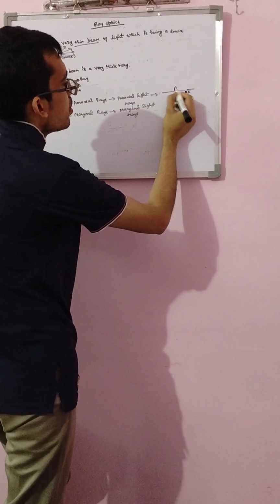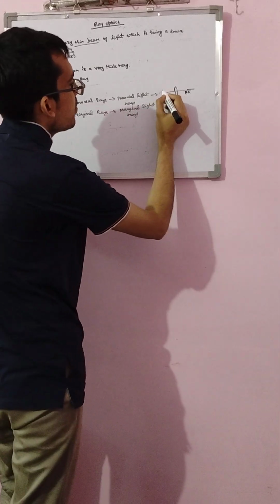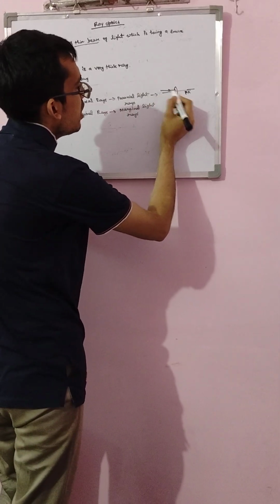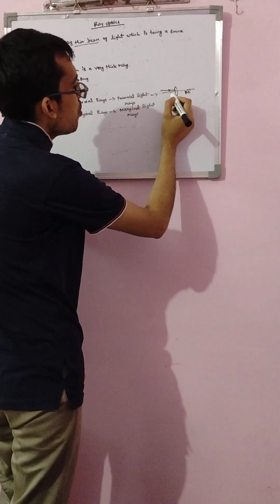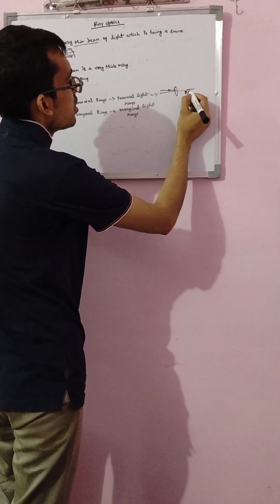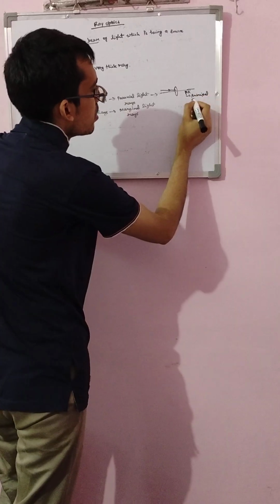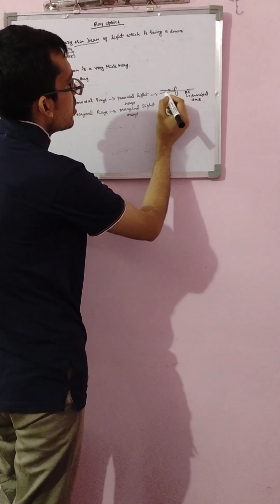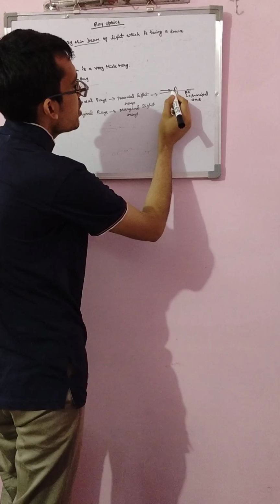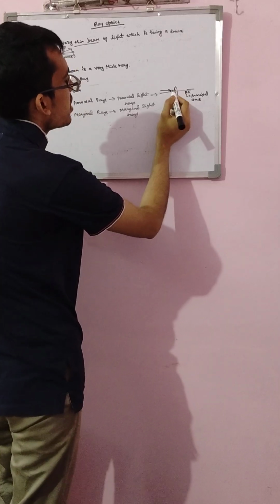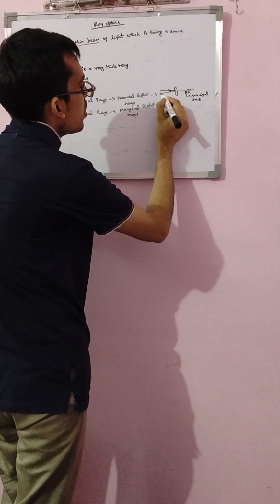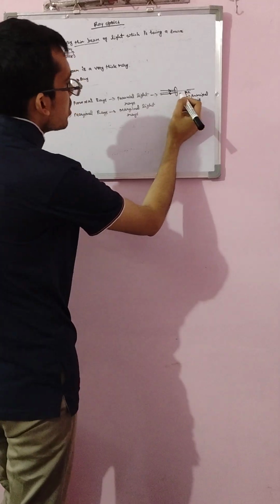If a ray is parallel, or almost parallel, to the principal axis of this lens, or it is making a very small angle with the principal axis, or it is nearly parallel to the principal axis.